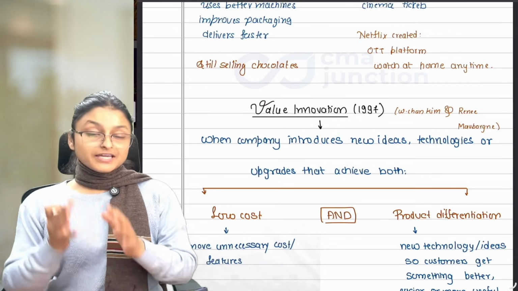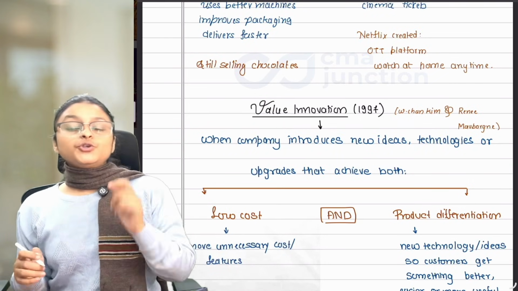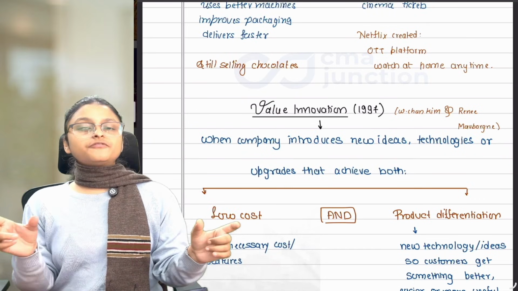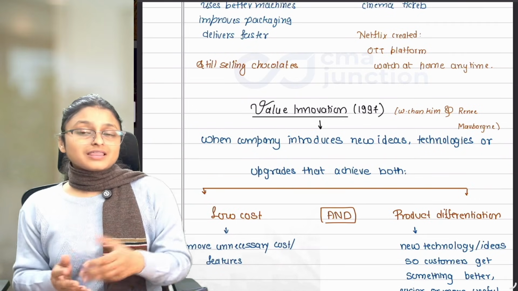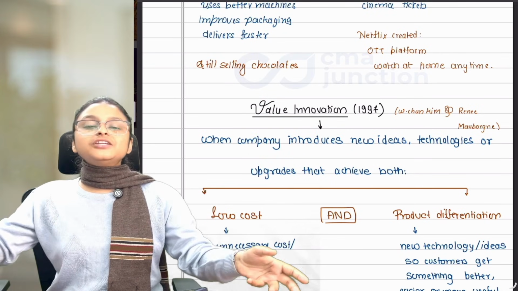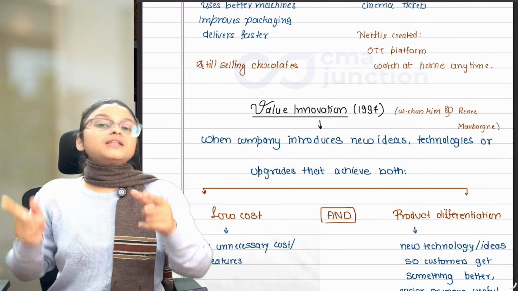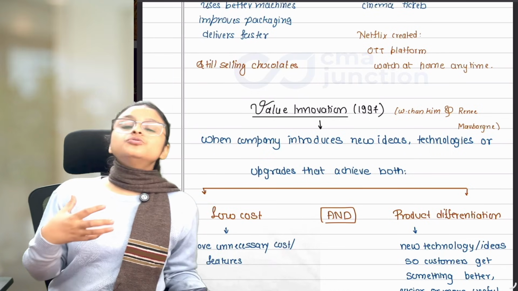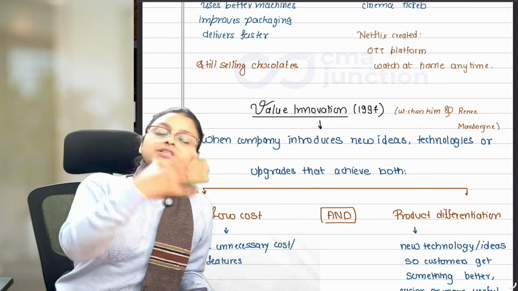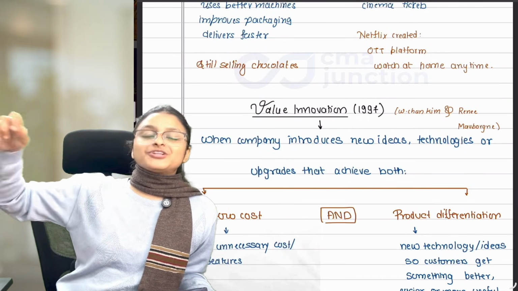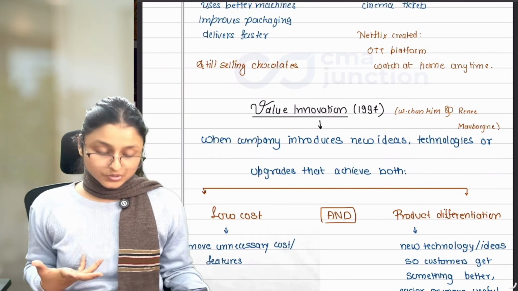But now, when you use value innovation, you are able to achieve cost leadership and product differentiation together. And that is the benefit of value innovation. When you do something completely new, then you are the only one in the market. That means you will be able to reduce cost. You will be able to do something different with the help of reduction of cost, and you will also be able to provide product differentiation as you have made something completely new, right?